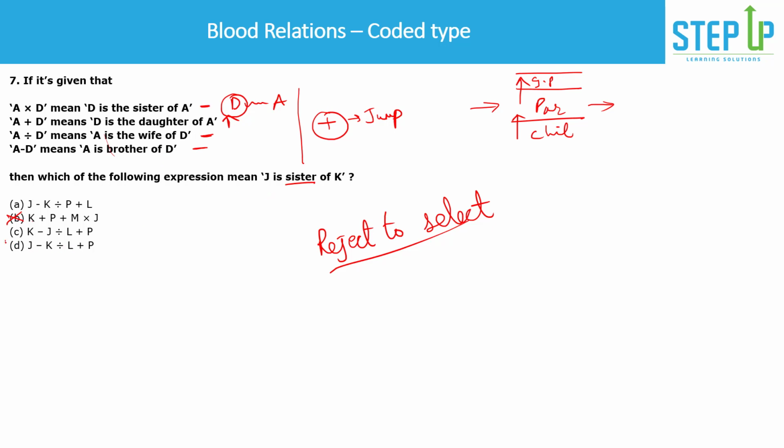So this option also we can reject, because J minus K would mean J is the brother, but actually we have to say J is the sister of K. That means the only option remaining is this. So this is so easy, right? And you don't have to do anything with L is to P. That doesn't matter anyway for you. So the correct option is C. See how simply we could do it through reject to select.